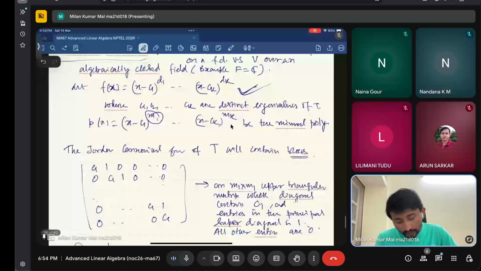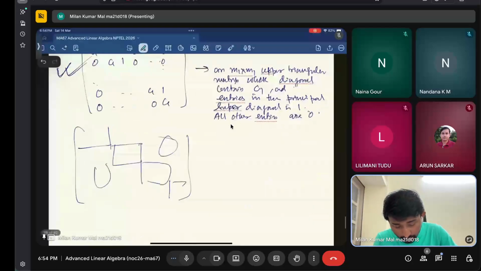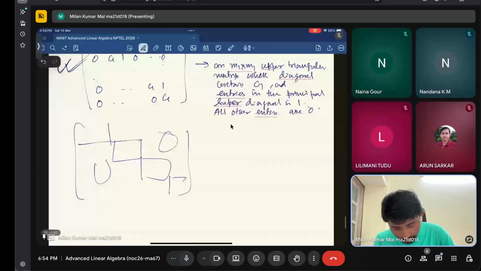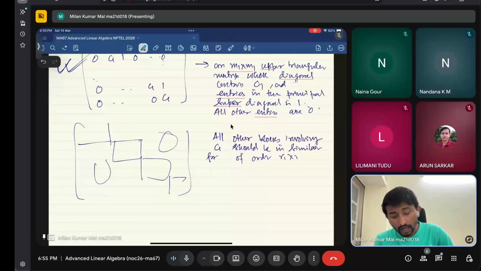At least one block will look like this, and all other blocks involving c1 should be of a similar form, but of order some r1 times r1, where r1 should be less than or equal to m1.